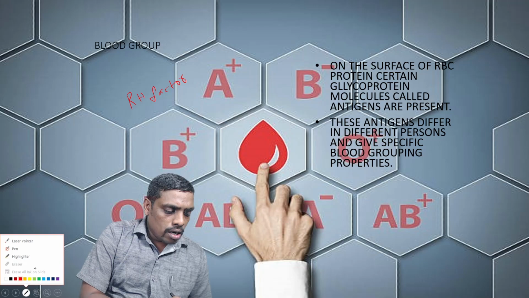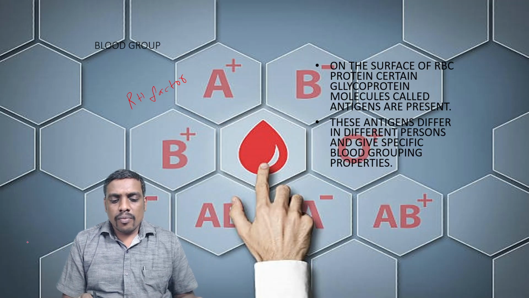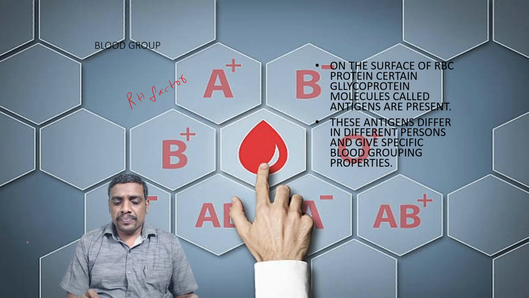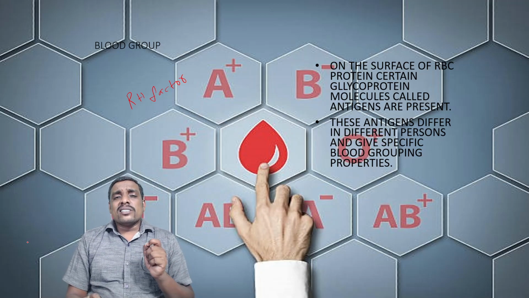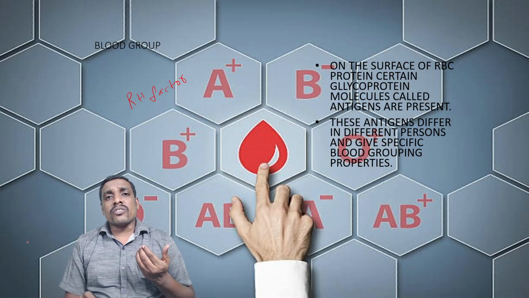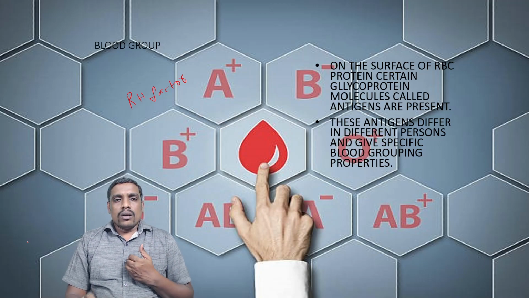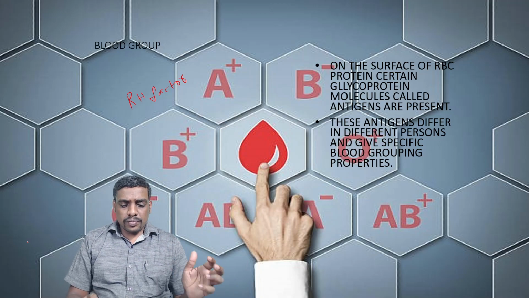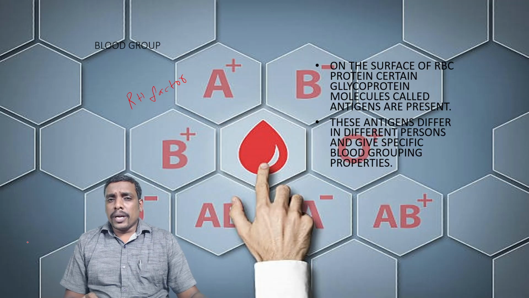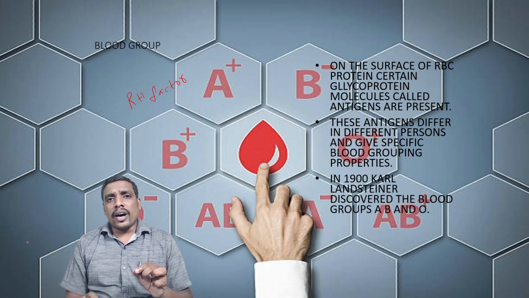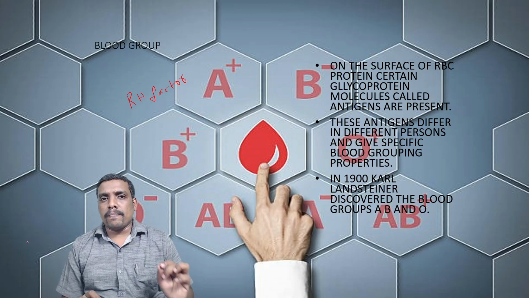This antigen plays an important role during blood transfusion. These antigens differ in different persons. Your antigens on RBC differ from my antigens, and your mother's antigens differ from your father's antigens. These glycoproteins on RBC define the blood grouping system.